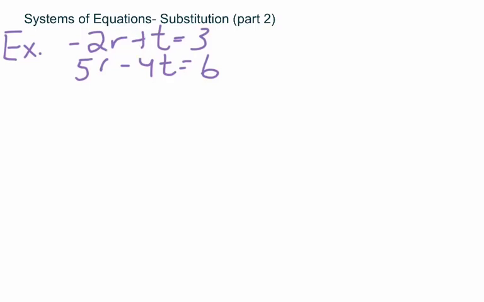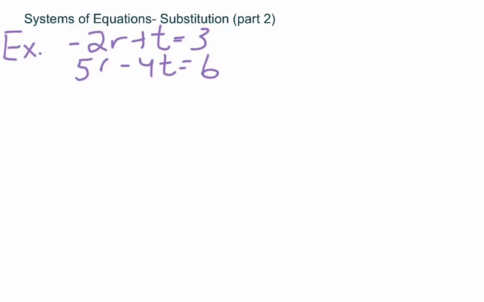In this example, none of the variables are by themselves. We don't have r equals and we don't have t equals. But if you look at the top equation, the t does not have a coefficient, or it has a coefficient of 1. So it's almost by itself.